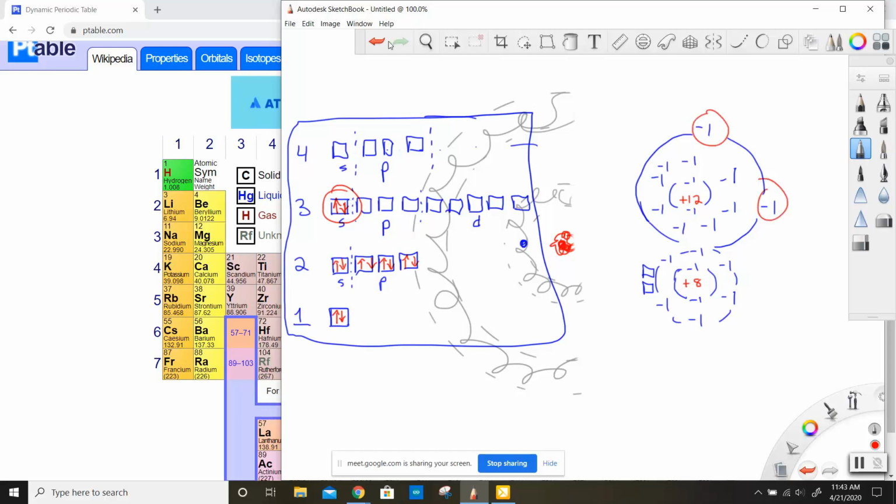Does that make sense? Oxygen looks at this and says, whoa, that's exactly what I need. I'm going to take this one and put him right there, and this one right there. Then you get a total charge for your oxygen, once you put them here, of -1, -1. I shouldn't put that in red, should I?